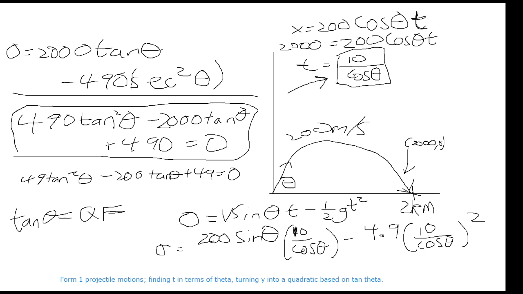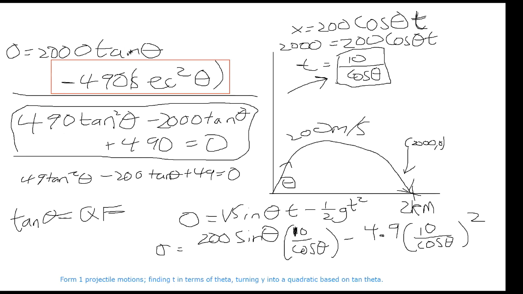Oh, the 2010 theta turned into a negative. Because I did a bunch of stuff in one go. You see how it's minus 10 squared here.